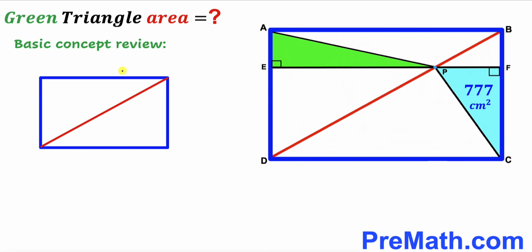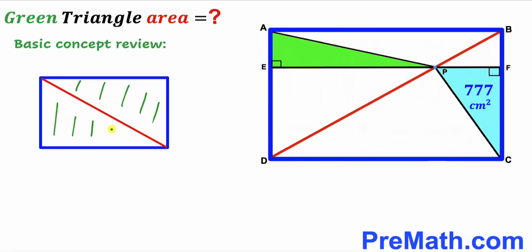In other words, if the area of this upper triangle is uppercase A, then the area of this lower triangle is uppercase A as well. Likewise, if we draw this diagonal the other way around, then the area of this triangle is equal to the area of this other triangle, uppercase A as well.